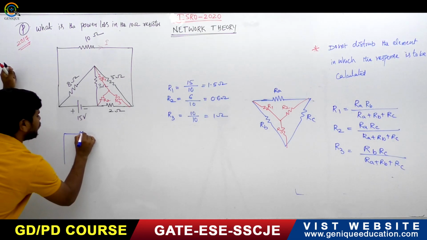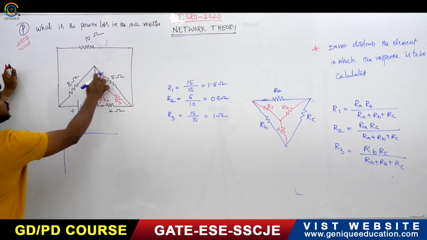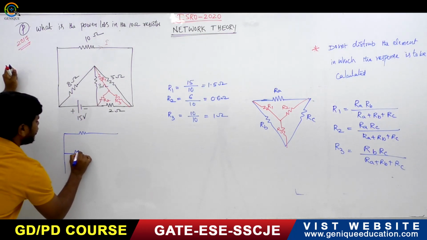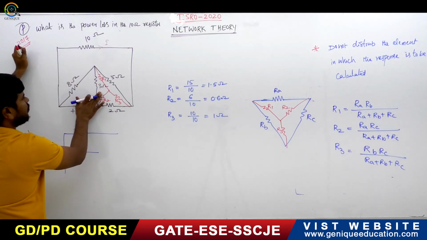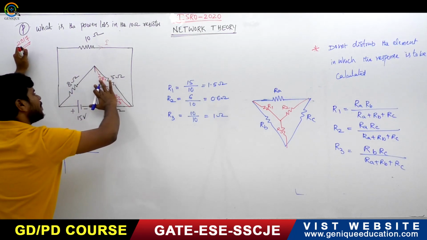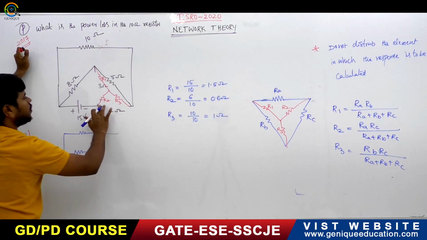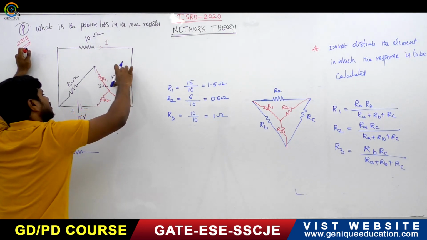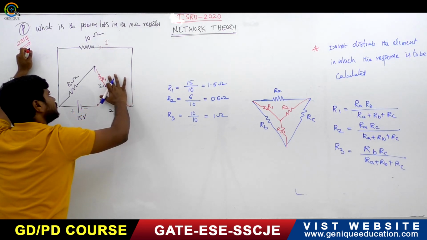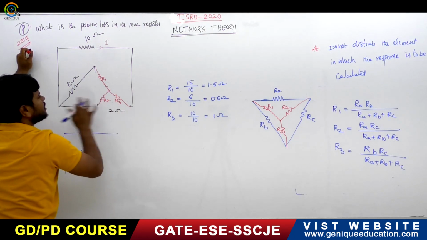This is the 10 ohm resistor. I am writing this 8 ohm because I can now remove this star network, I can remove this delta network.